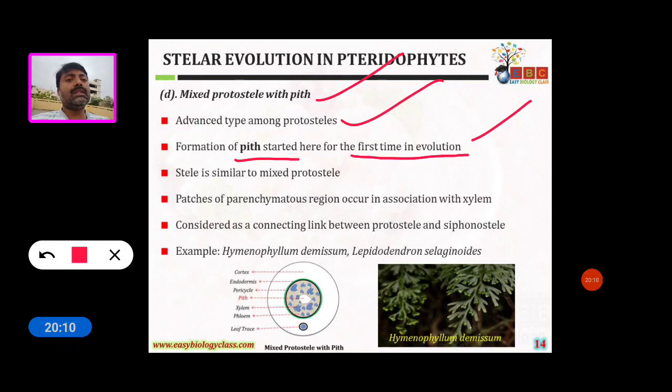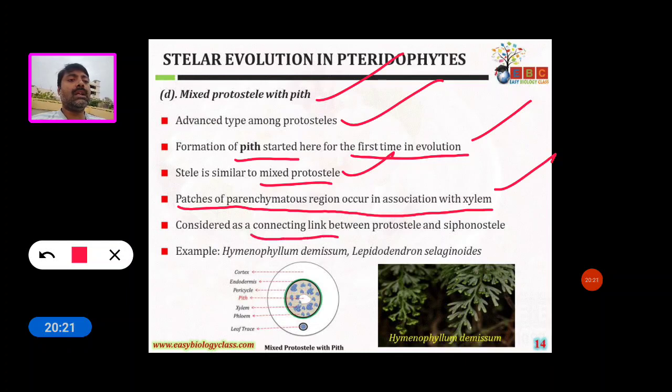The stele is similar to mixed protostele, but patches of parenchymatous regions occur in association with xylem. It is considered as a connecting link between the protostele and siphonostele.